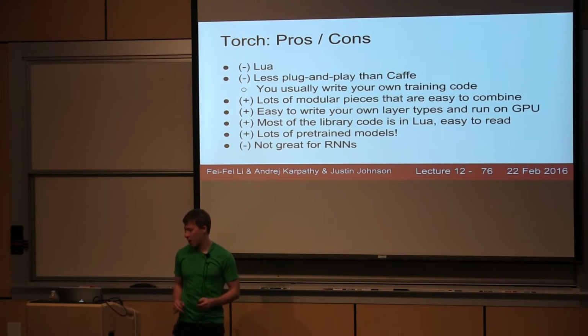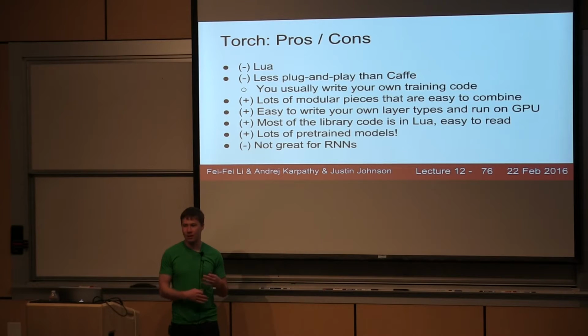So the quick pros and cons I would say about Torch are that it's Lua. This is a big turnoff for people, but I don't think it's actually that big a deal. It's definitely less plug and play than Caffe. So you'll end up writing a lot of your own code typically, which maybe is a little bit more overhead, but also gives you a lot more flexibility. It has a lot of modular pieces that are easy to plug and play.